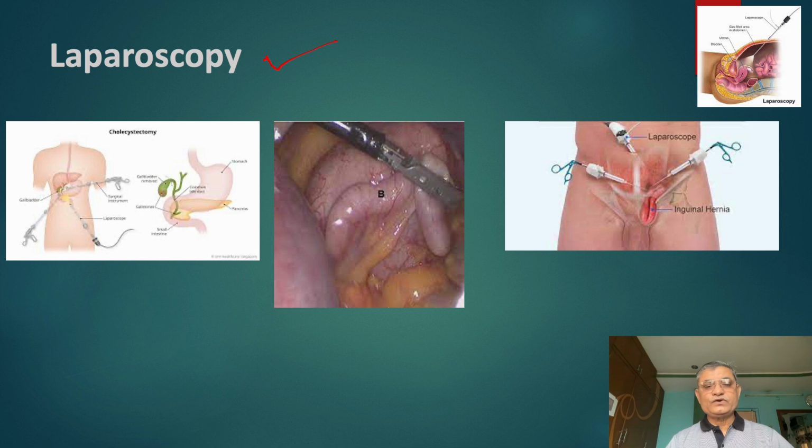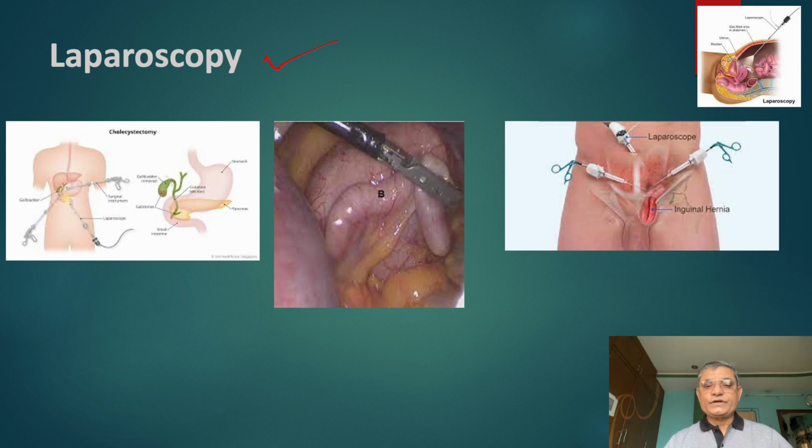Or in case of acute cholecystitis also, we remove the gallbladder. This is laparoscopic cholecystectomy. This is one of the most common indications and the gold standard treatment for cholecystitis as well as cholelithiasis.